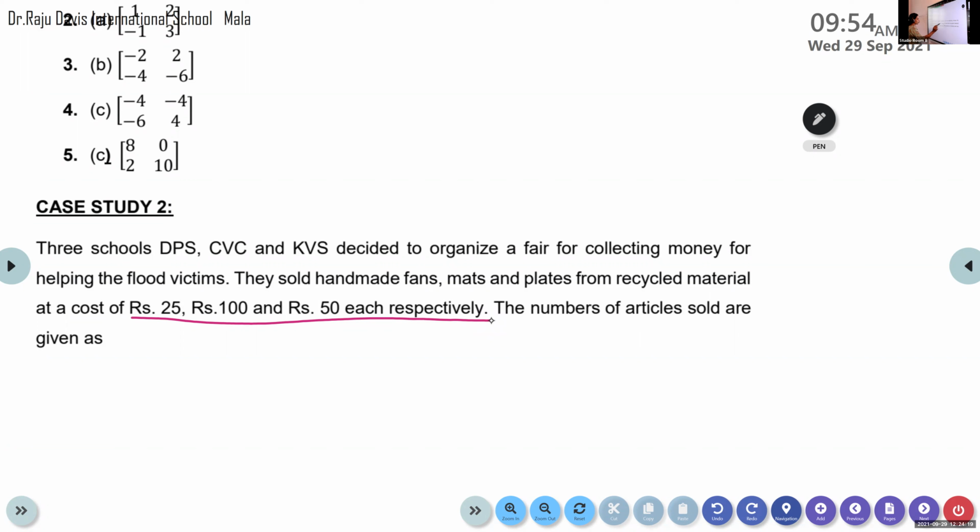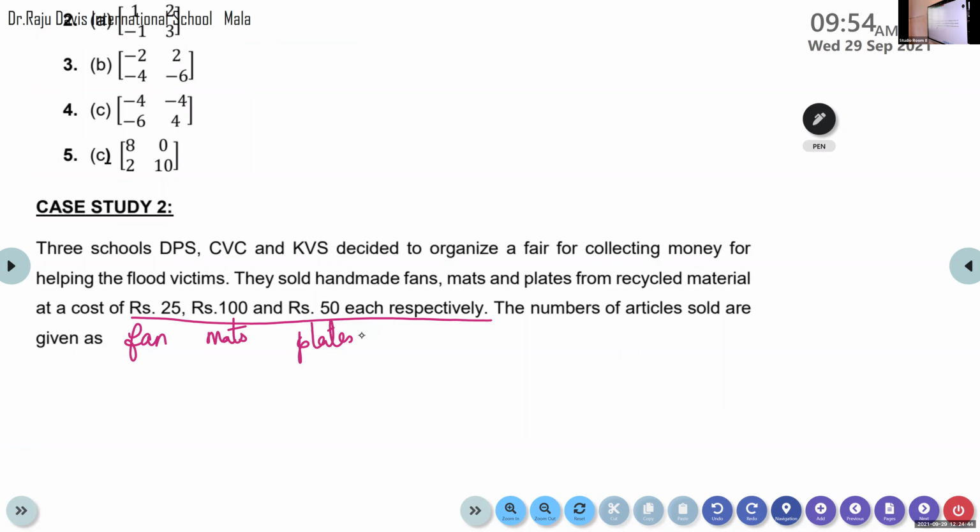First one is for fan. Next one is for mats. Next one is for the plates. Note down the cost along with that name. Fan rupees 25, mat rupees 100, and plates rupees 50 each.